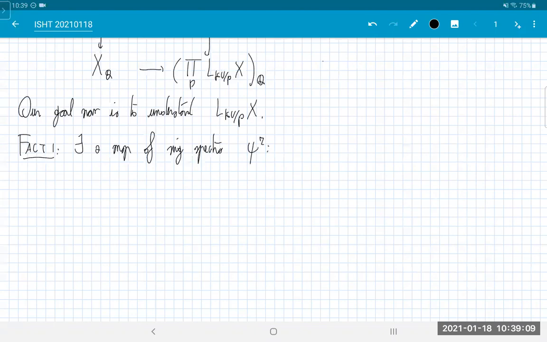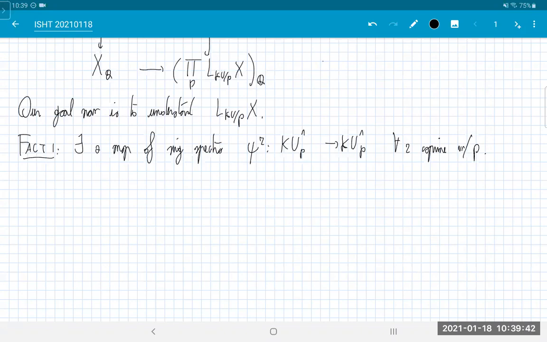Psi r from KU P to the P completion of KU, for every r coprime with P. Now, if I understand correctly, in the exercise session, you've seen the existence of these at the level of spaces, and Pavel has said that it doesn't deloop to KU, which is absolutely true, but it does deloop to the P completion if r is coprime with P.